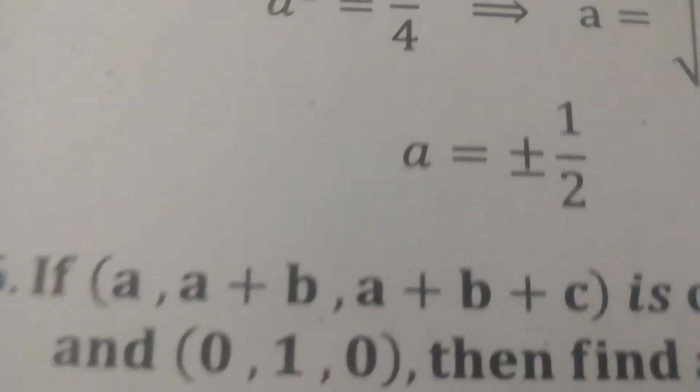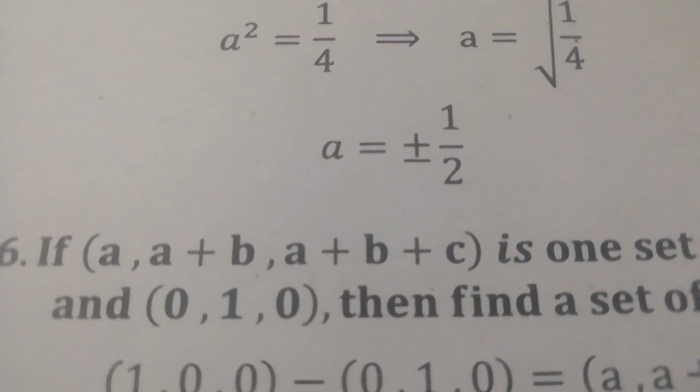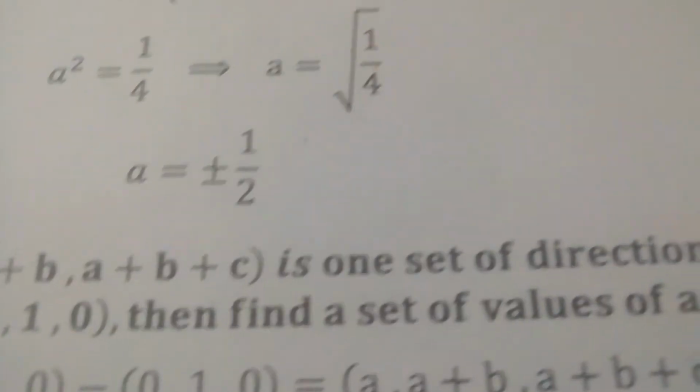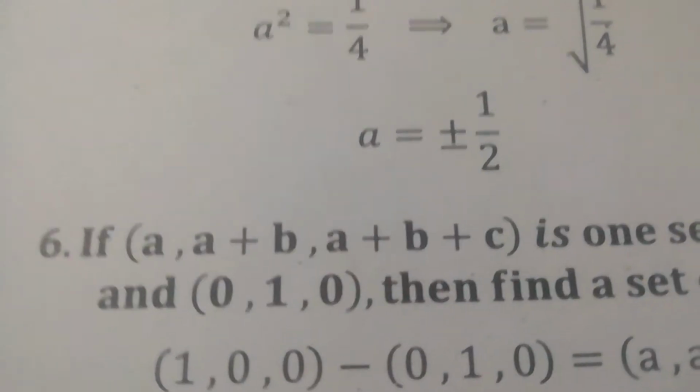The next problem. Given a, a + b, a + b + c is one set of the direction ratios of the line joining the points (1, 0, 0) and (0, 1, 0).